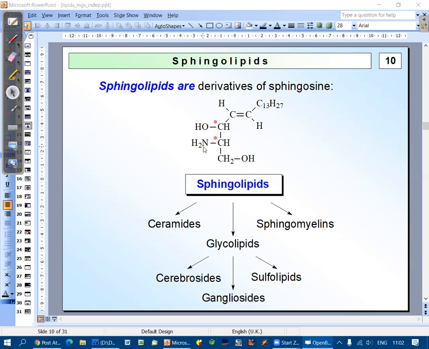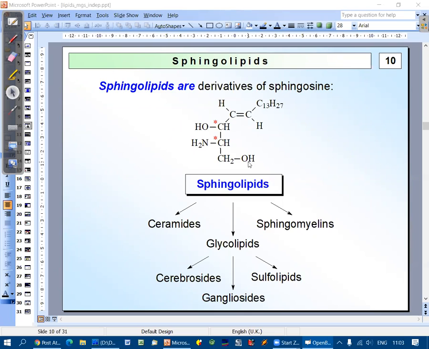So the difference between glycerolipids and sphingolipids is the following. Glycerolipids are esters, but sphingolipids are amides. The first OH group, or, well, probably the third, is always free in sphingolipids. But the last one can be free or can contain some substituents.